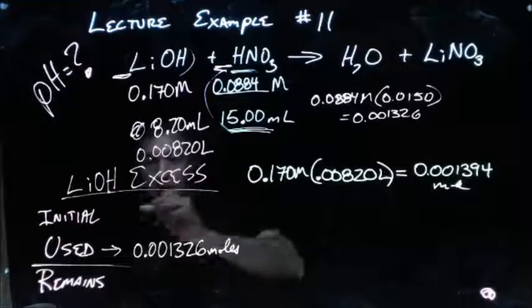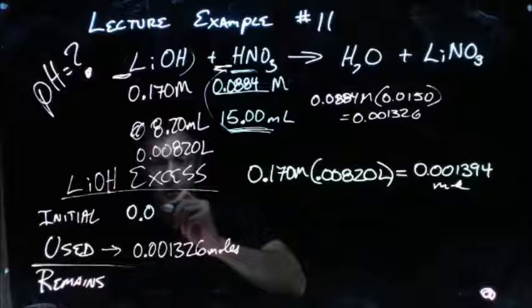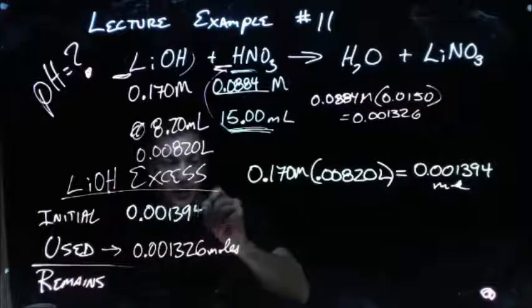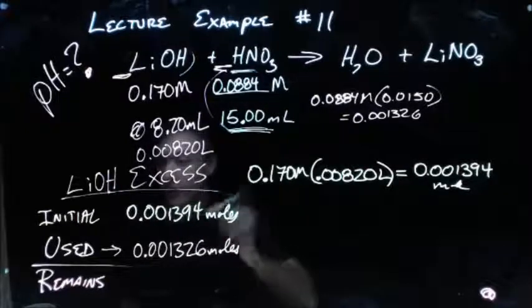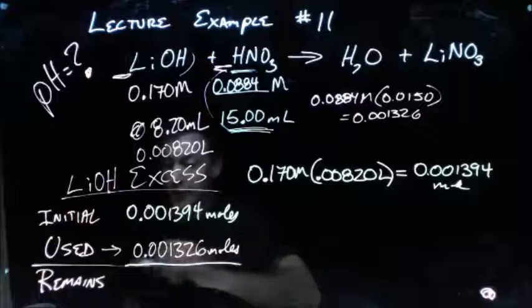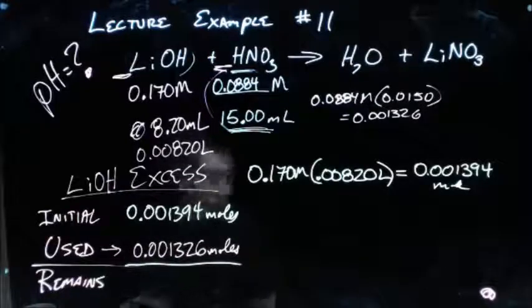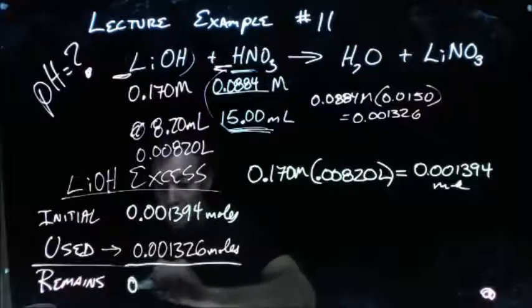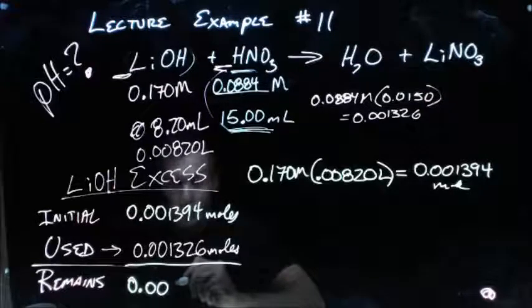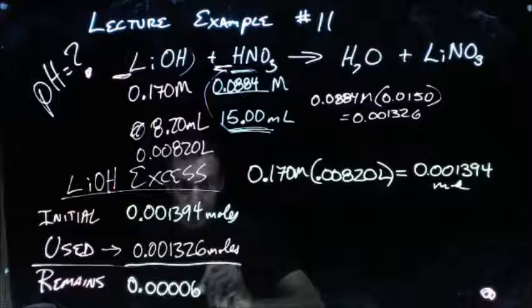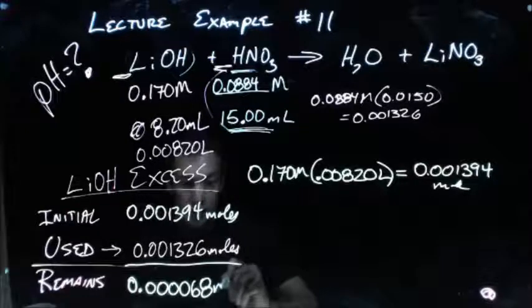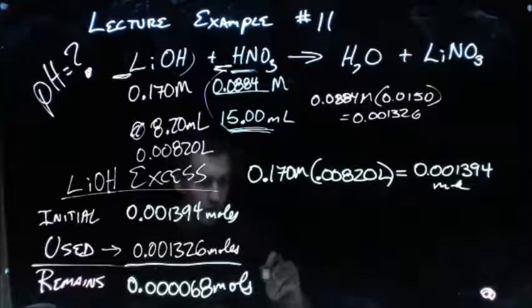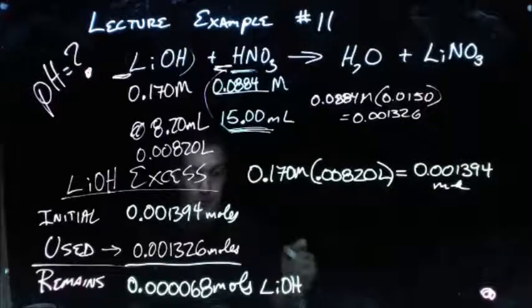So that is my 0.001394 moles of lithium hydroxide, and when I subtract that, the number that I get is how much remains after the reaction is complete. And it's going to be 0.000068 moles of lithium hydroxide.